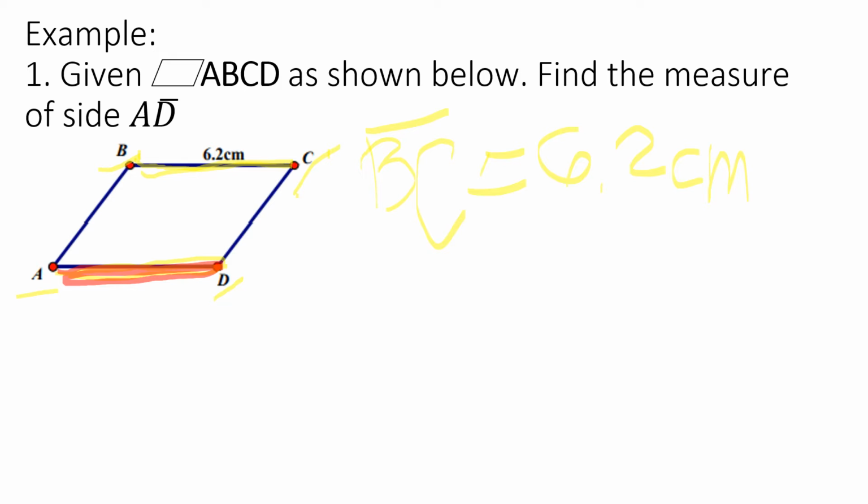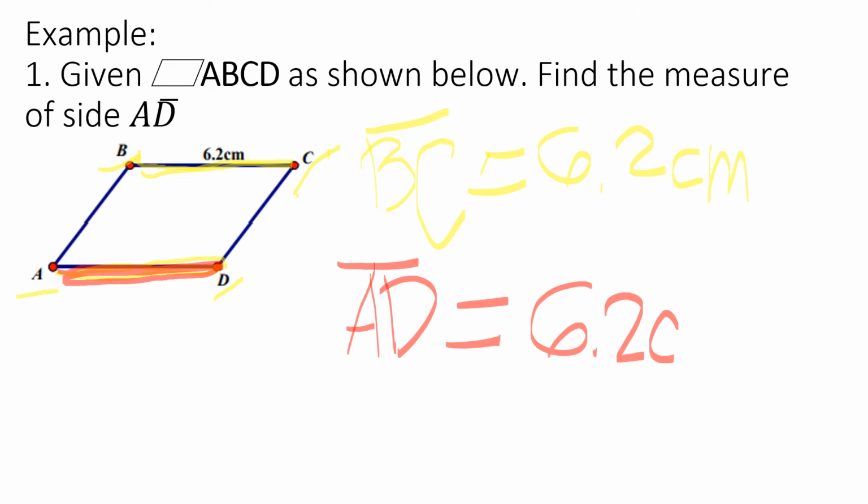Since it is the opposite of side BC, it means that side AD measures 6.2 centimeters. Again, this is using property number 1 that in a parallelogram, any two opposite sides are congruent. Understand?